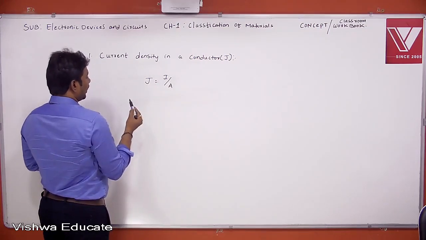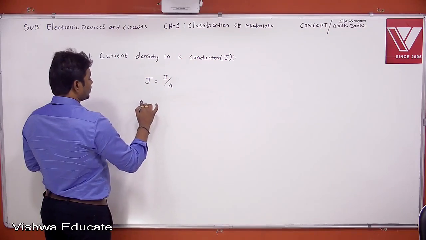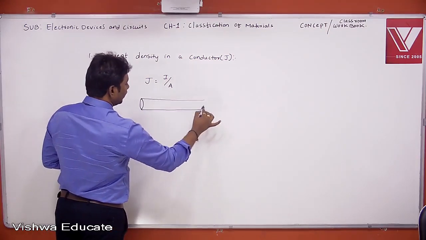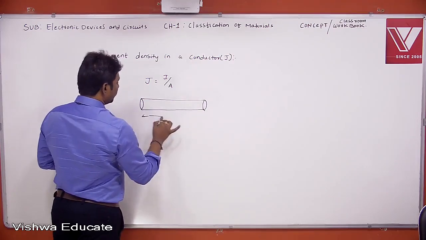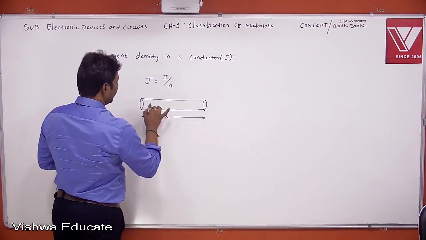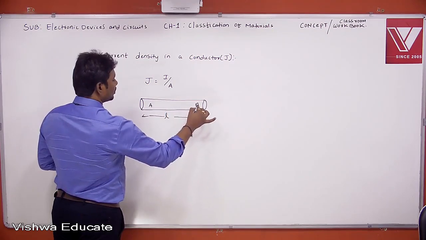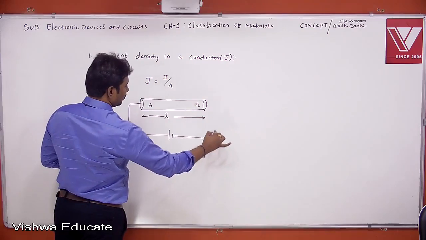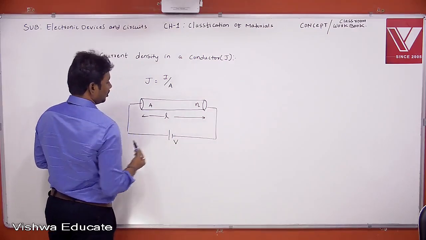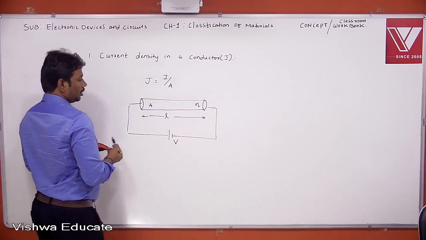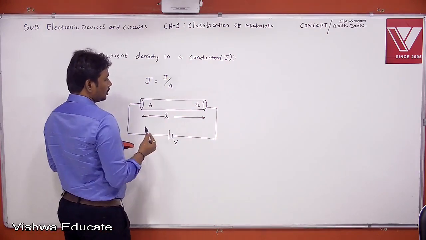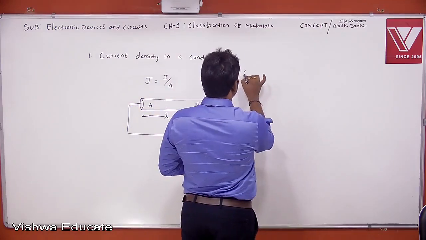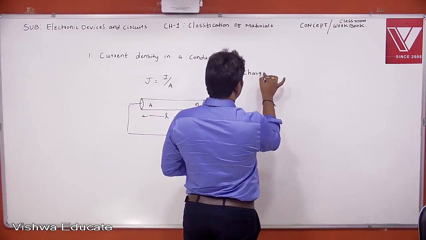To calculate the current density in a conductor, first consider a conductor which is having a length L and area A and concentration N. Now I can define charge density in a conductor first.